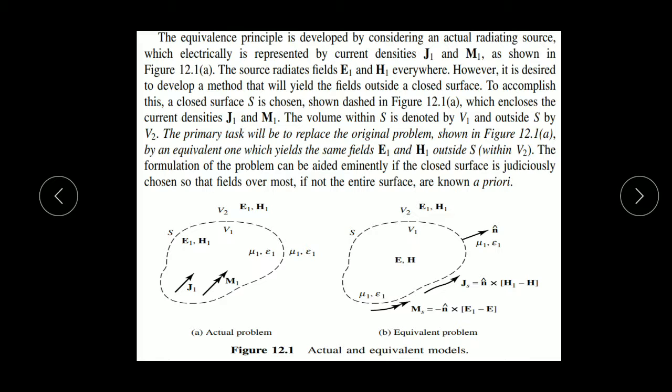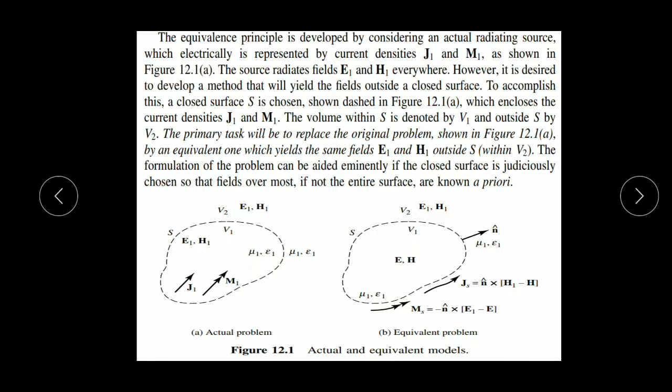This is the primary source current density as shown in figure A. The source radiates E1 and H1 fields everywhere. Now it is desired to develop a method that will yield the field outside a closed surface. To accomplish this, a closed surface S is chosen, which encloses the current densities J1 and M1. The volume within S is denoted by V1 and outside S by V2.